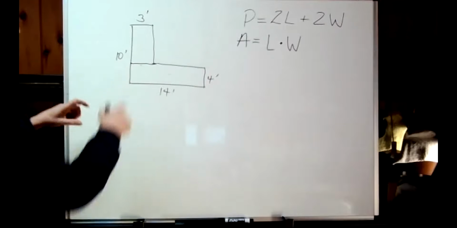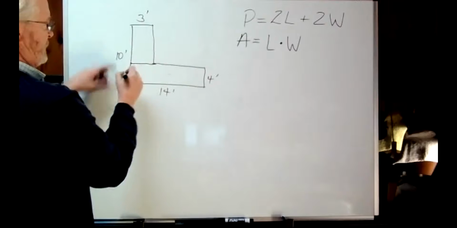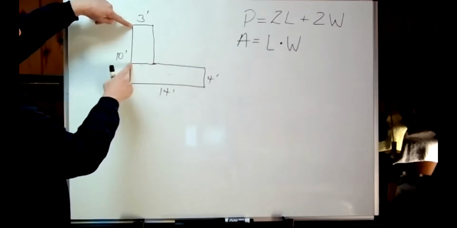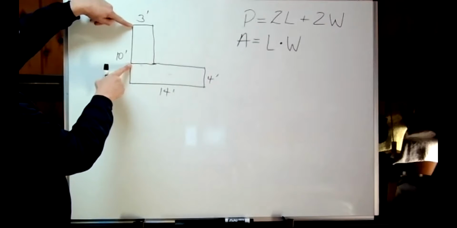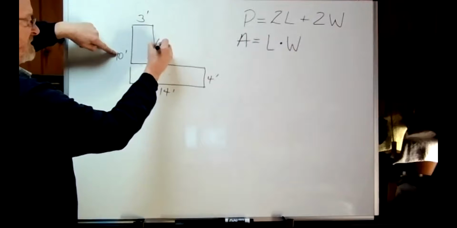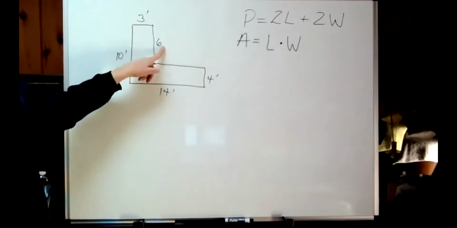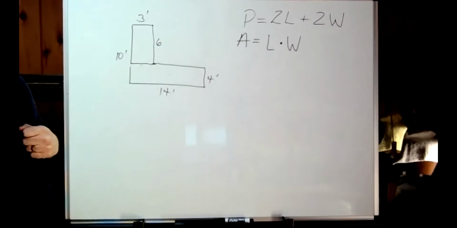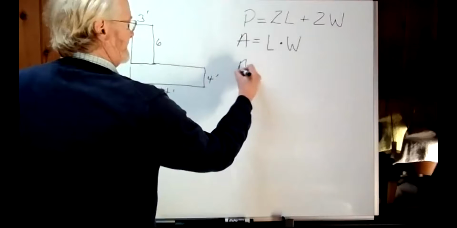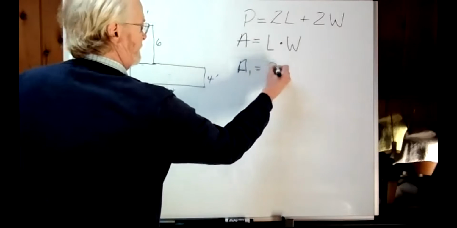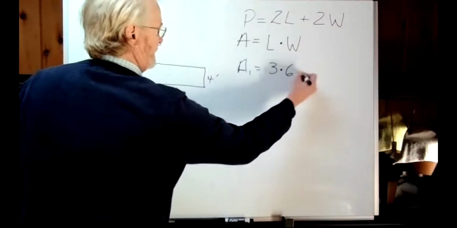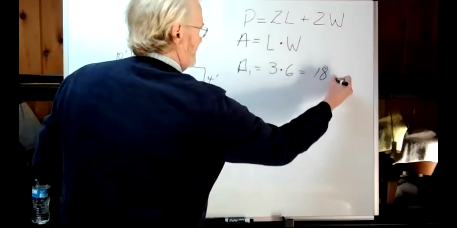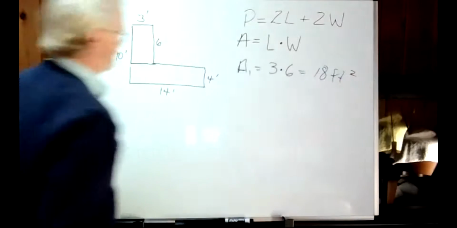Especially up here, this isn't the full 10. This is only this part of the 10. It's the 10 minus the 4. So this one's only 3 times 6. Say that's area 1. 3 times 6, that part of it is 18 square feet.